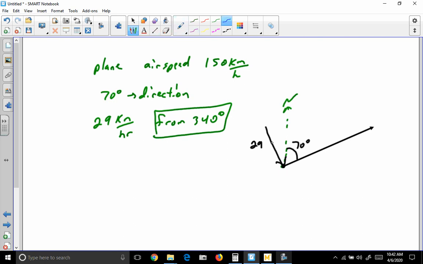So if we have this force and another force that get added together to make that, imagine that we slide this force down to here. Then the heading, or where we have to point the airplane, would be somewhere like this. So this is 29 here.